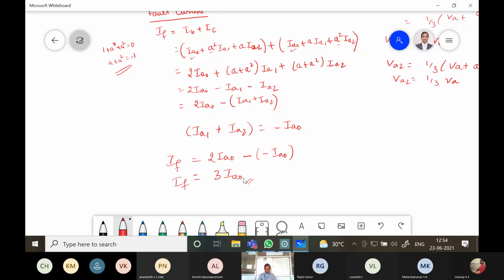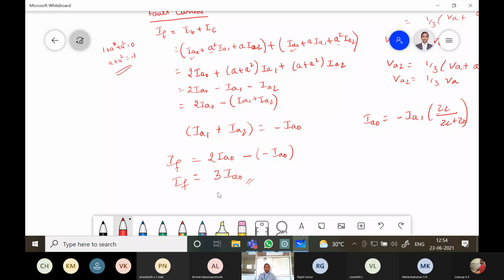So what is IA0? We have written the expression for IA0 is equal to minus IA1 into Z2 by Z2 plus Z0, right? So substitute this here.